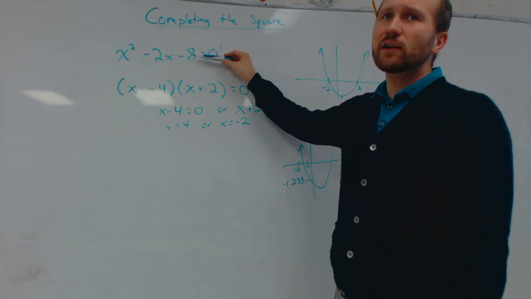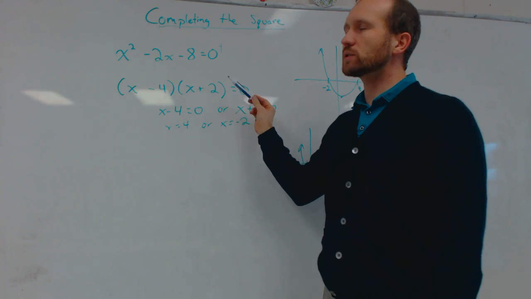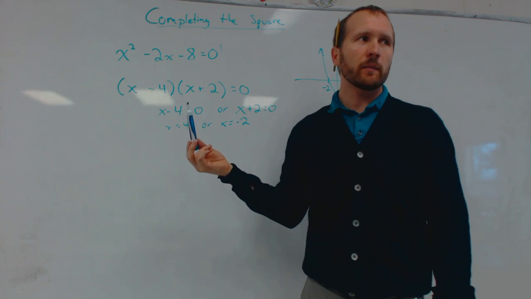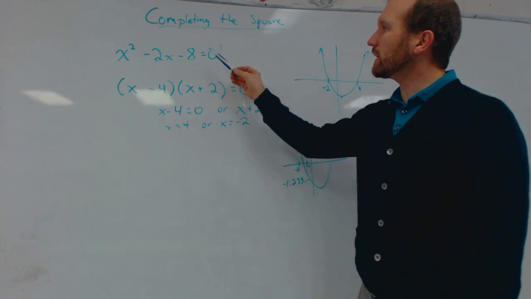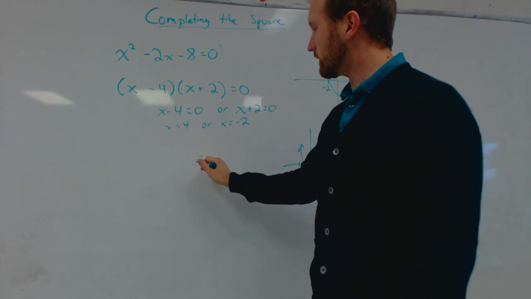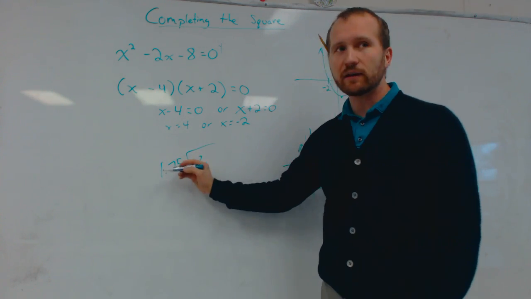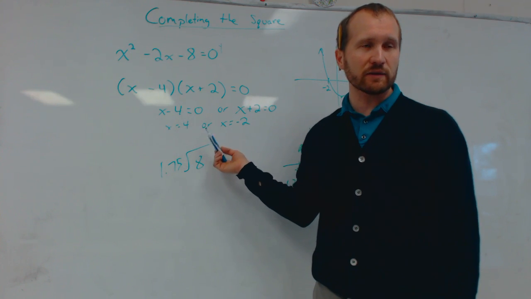Technically there are infinite factors of 8. 8 is 4 times 2, it's 8 times 1, but it's also 8 divided by 1.75. We could find a factor of 1.75 and something.